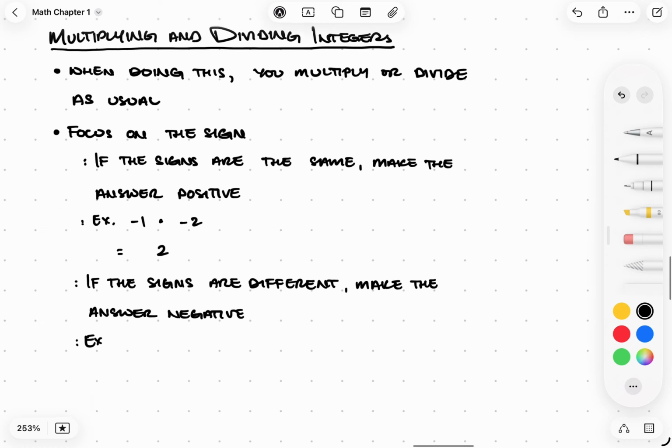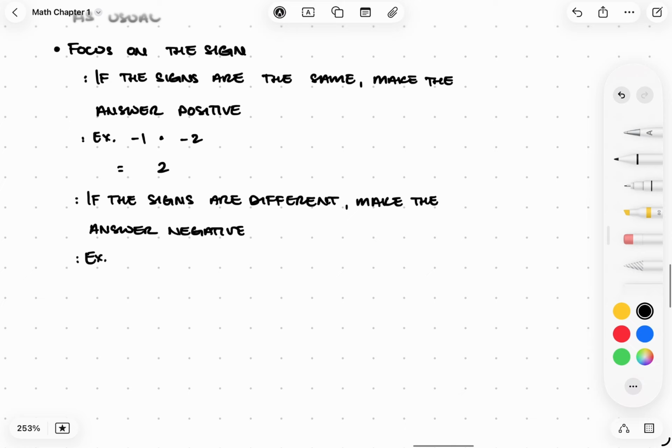So an example of this would be -1 times +2, then the answer is going to be -2. Or if it's 3 times (-4), put a parentheses there, then the answer is going to be -12.